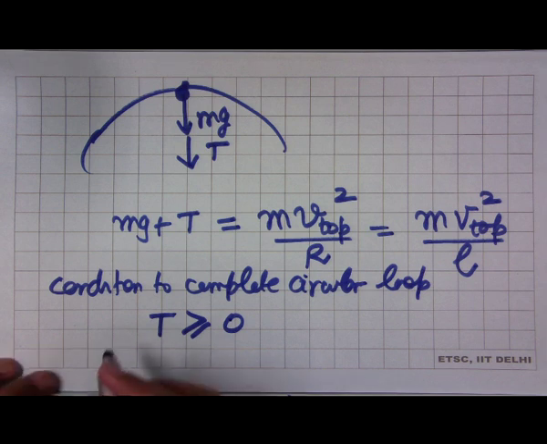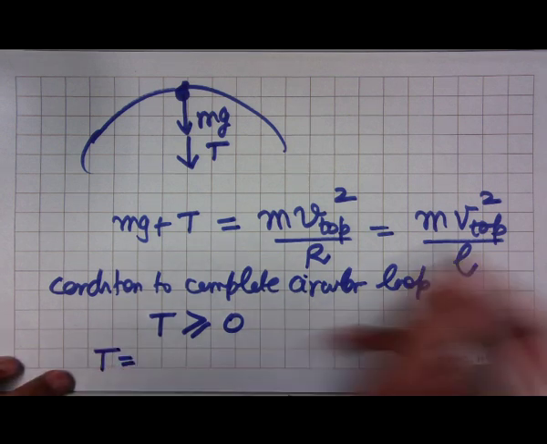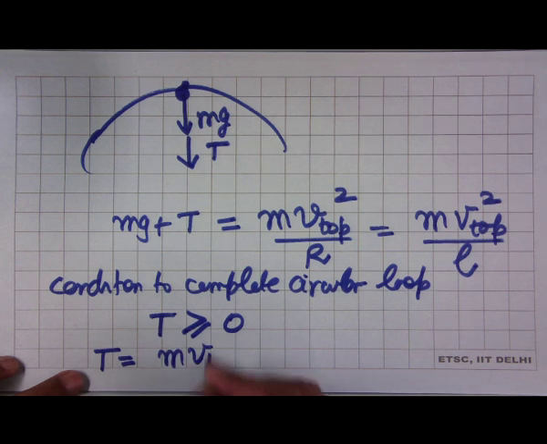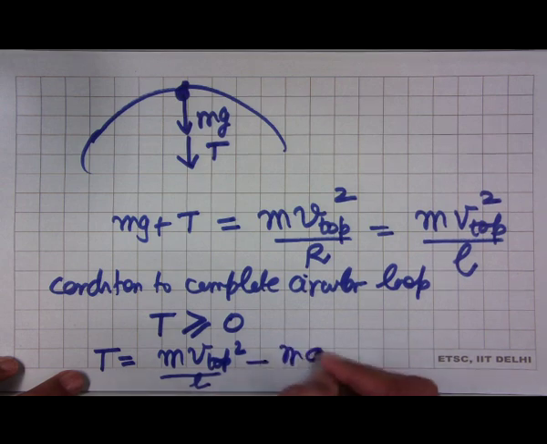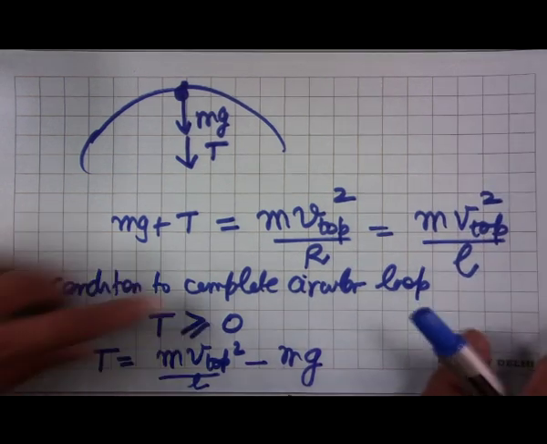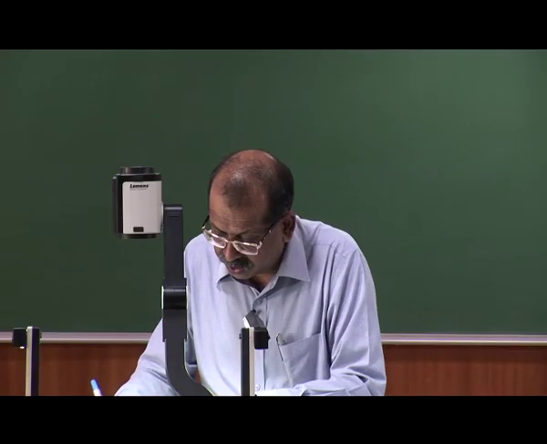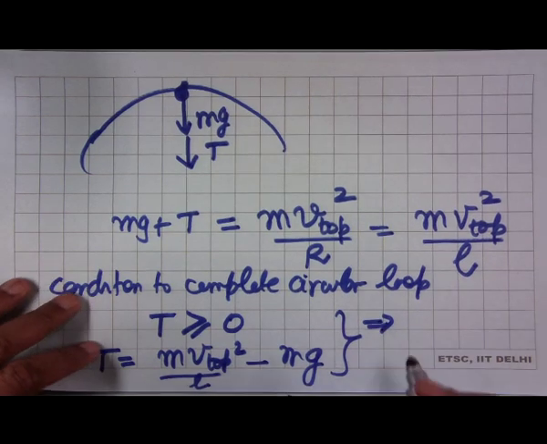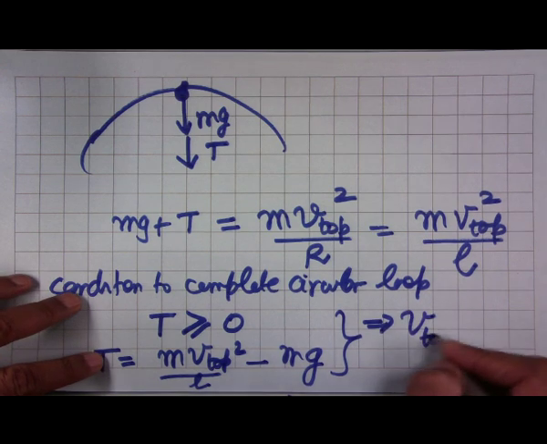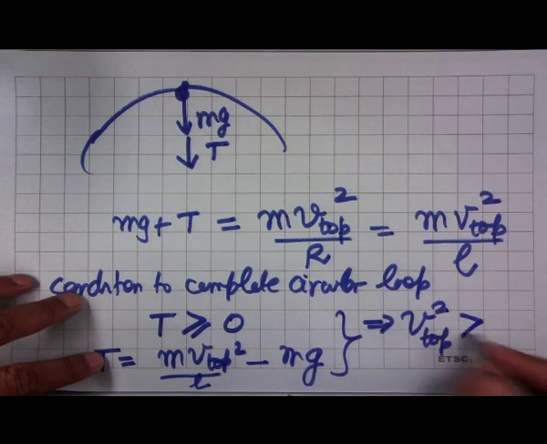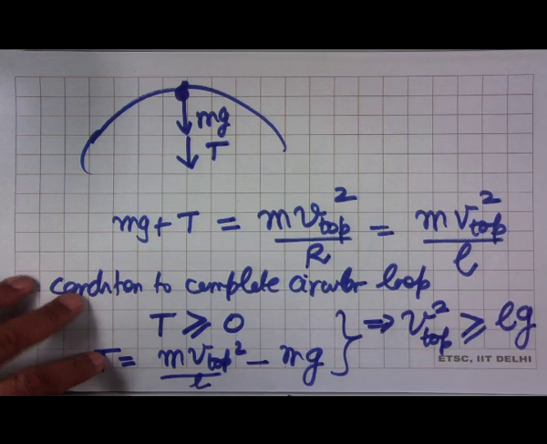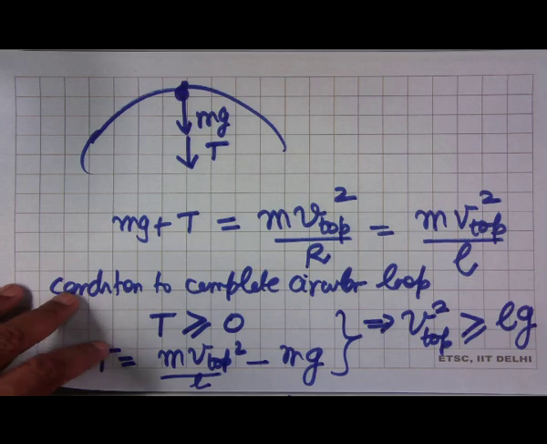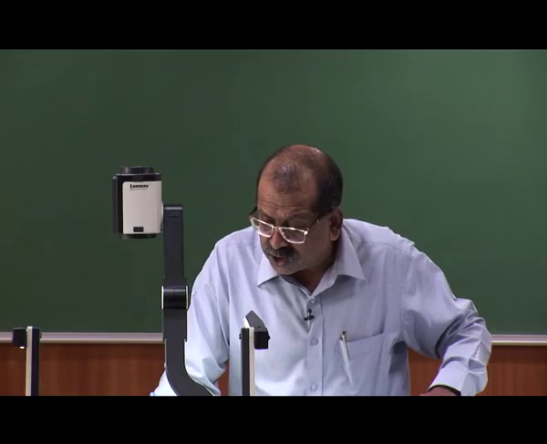So, here what we have is T is equal to, from here, m times v top square by L minus mg, and so T greater than or equal to 0. When we put this in, this will imply that v top square is greater than or equal to L times g.